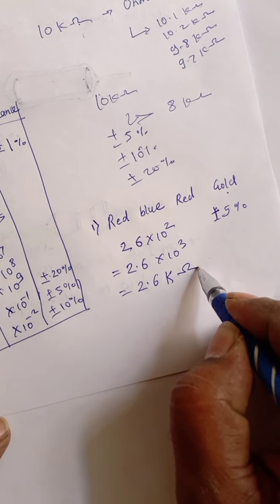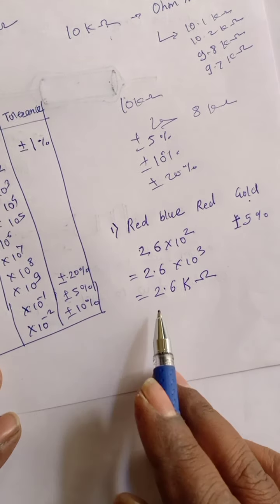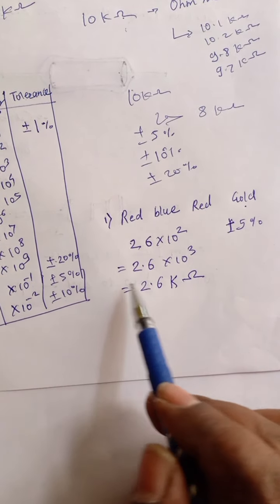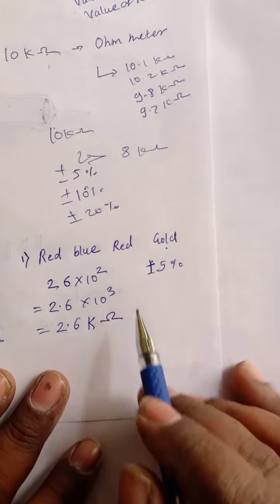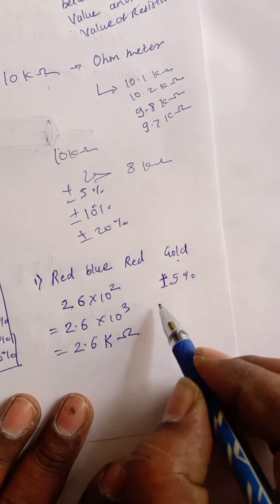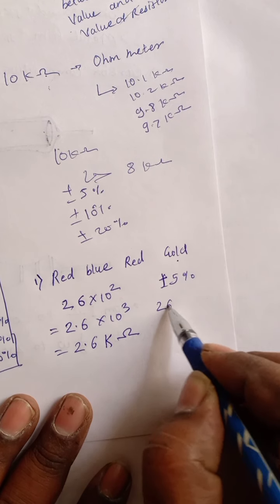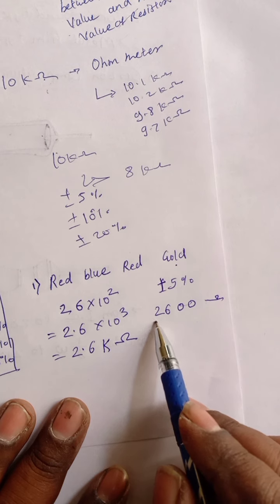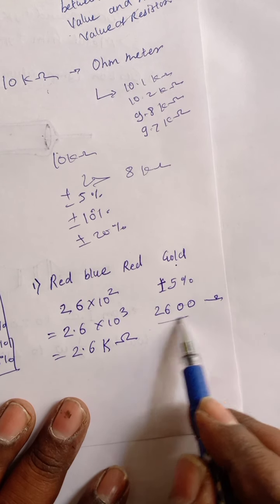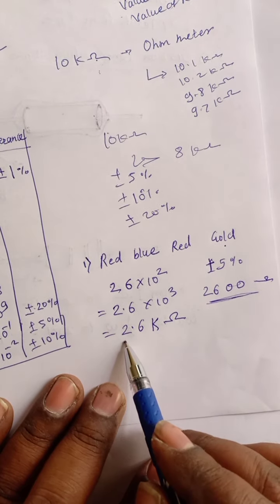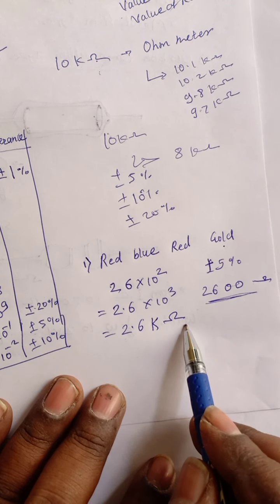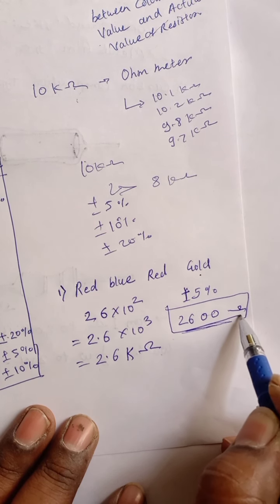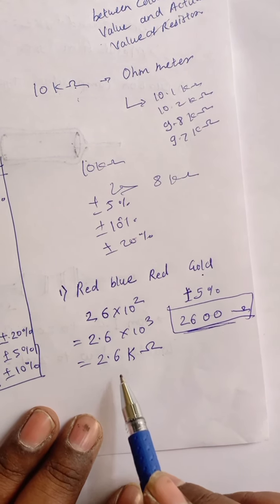So 2.6 kilo ohm, ohm being the unit of the resistor. So like that you find the value of the resistor. If you directly multiply, it is 2600 ohm. A better way is to say 2.6 kilo ohm. Both are the same, but you have to write in the proper unit.